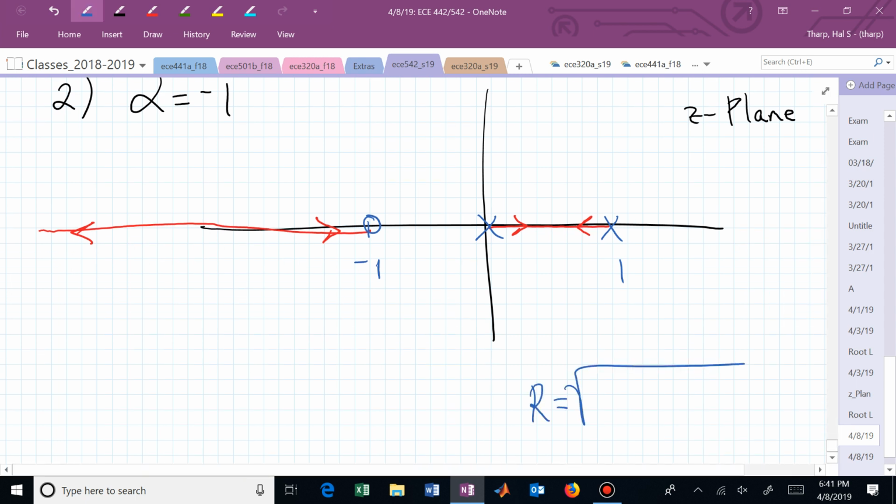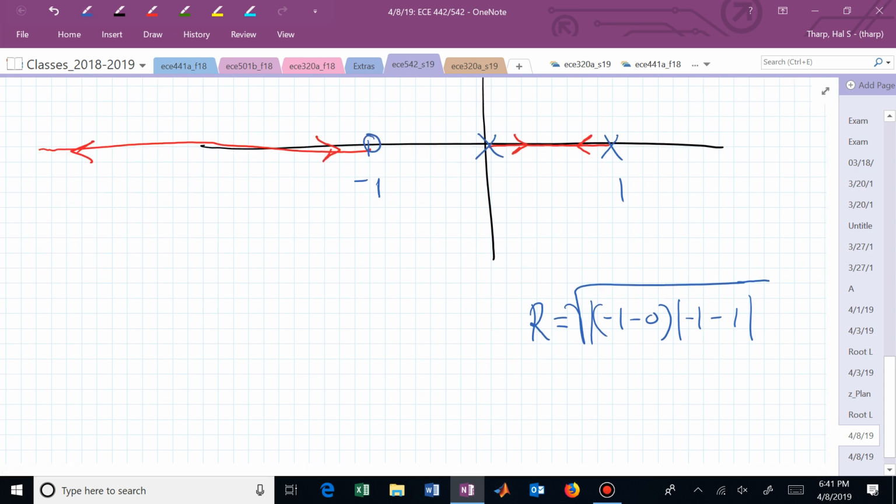It's the geometric mean, isn't it? So now we're looking at the distance between the 0 and the first pole, and we're just dealing with lengths, and we have the length from -1 to 1.